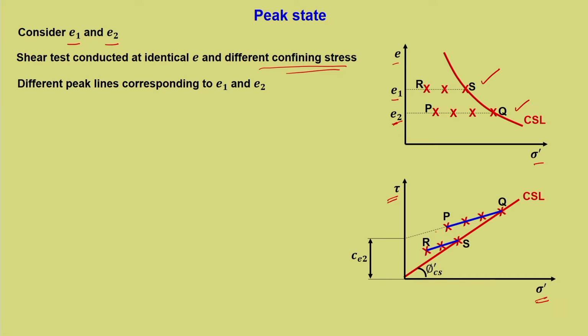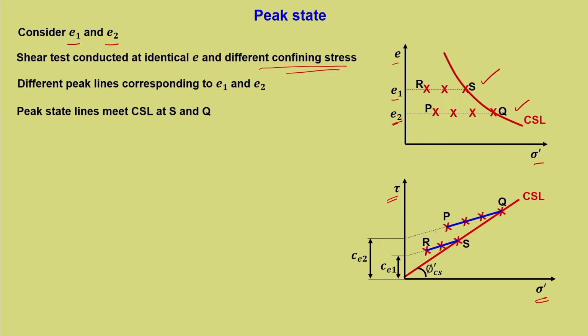Obviously, the strength of e1 will be less than PQ, and that is very legibly shown in this particular figure. So, that gives c_e1. So, cohesion for void ratio series e1 is c_e1 and cohesion for void ratio series e2 is c_e2.